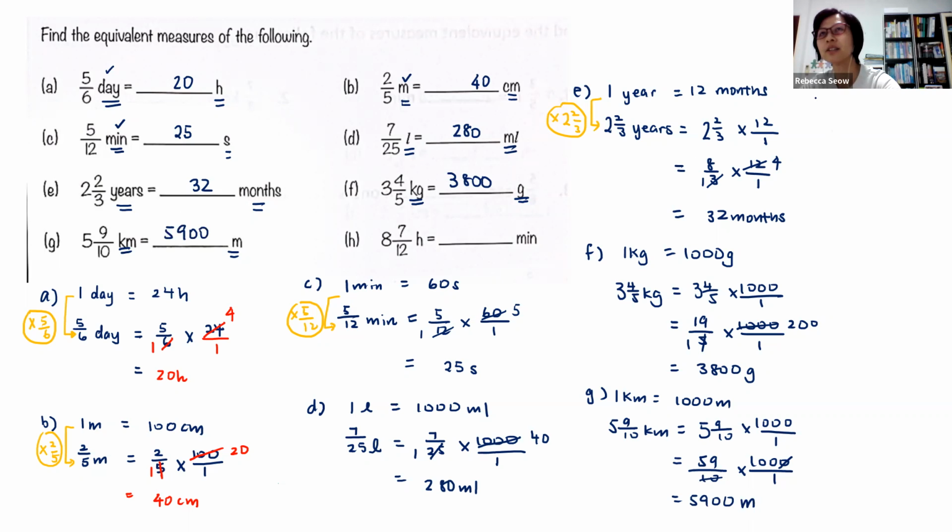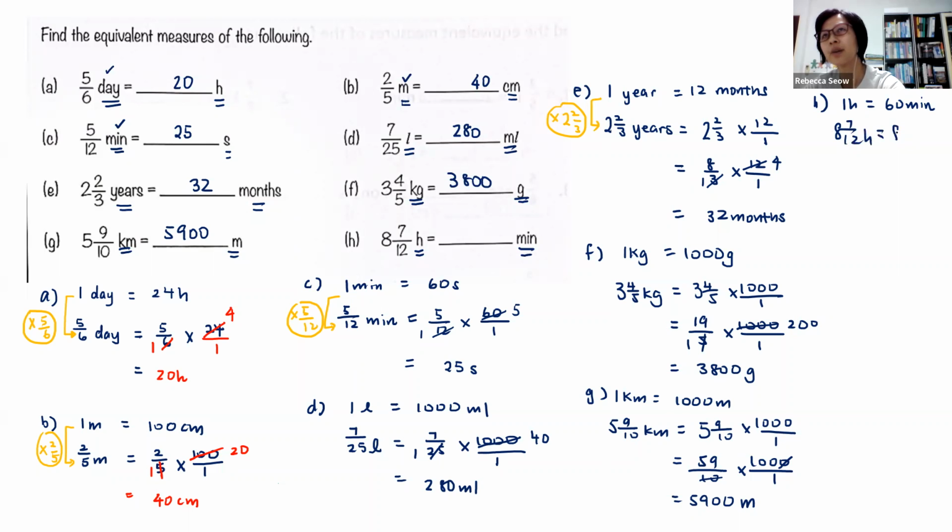Lastly, let's take a look at H. H will be 8 and 7 out of 12 hours converted to minutes. So we have 1 hour being 60 minutes. Replace the 1 by 8 wholes, 7 out of 12. Pardon me.